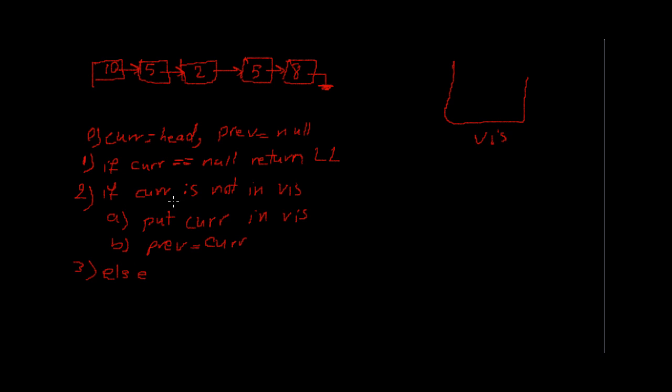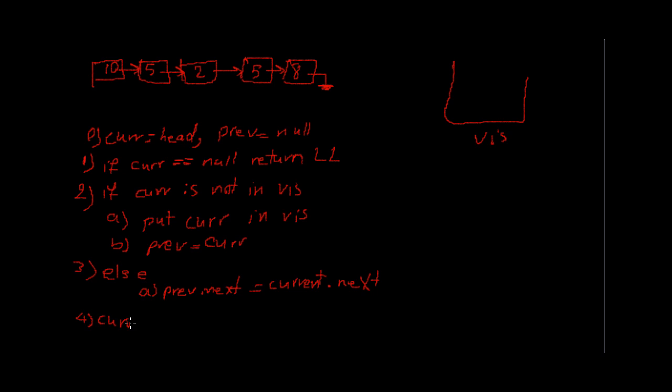Else, which means if the current is in visited, you're going to do another task: previous.next is equal to current.next. And in both of these situations, either you have the current in the visited buffer or you don't, you want to increment current.